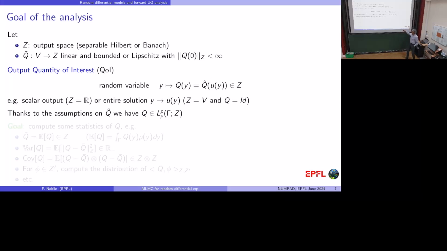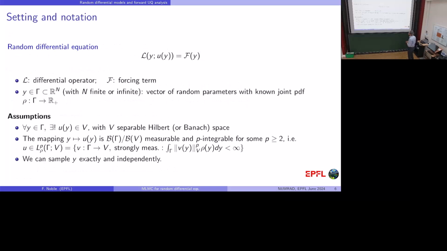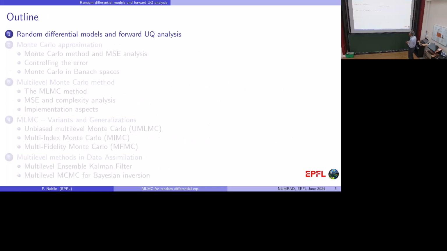So for any realization of the random variable, you will get some output. This output could be a scalar, a vector, or more generally a function in some function space Z. And I hope I convinced you yesterday that you can easily do the whole analysis if you're in a Hilbert setting; the bound is a little bit more involved. Okay, so that was just to recall the basic setup.